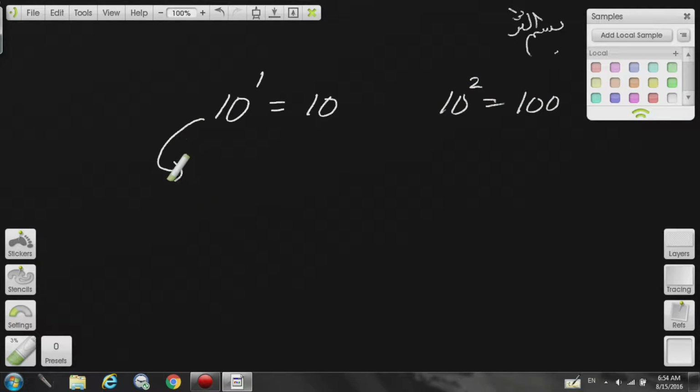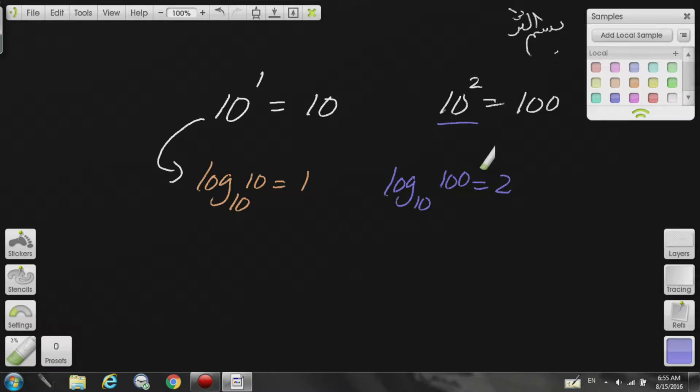Let's write these in logarithmic forms. You would say log base 10 to the exponent 1 is 10, and over here log base 10 to the exponent 2 equals 100. Now what I do in my mind is this.